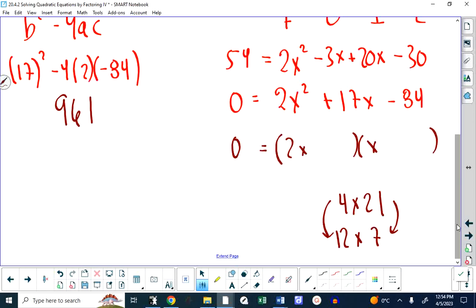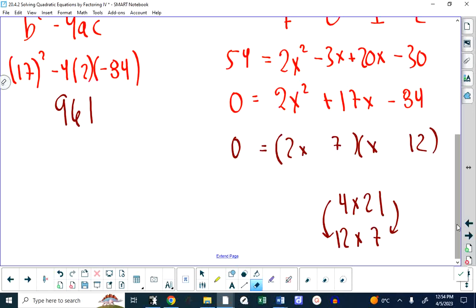So 12 and 7. If it's 12 and 7, then I cannot put the 12 here, because if I do, I'm going to create a common factor of 2 in that binomial. So I'm going to try to put the 7 here and the 12 here. And in the time it took me to say that and write that, I see that this is going to work.